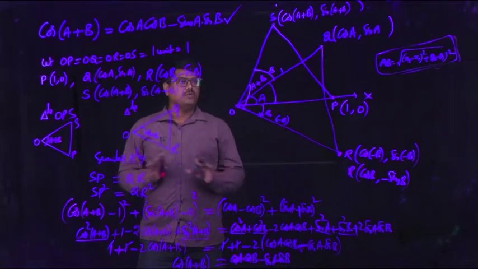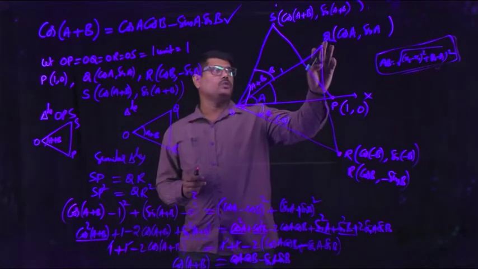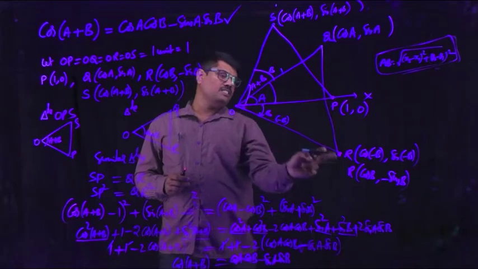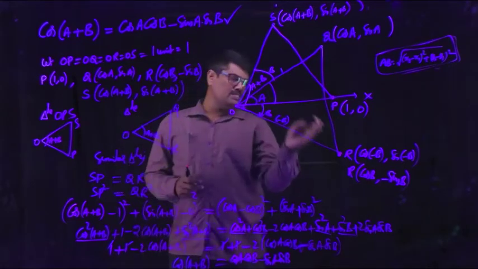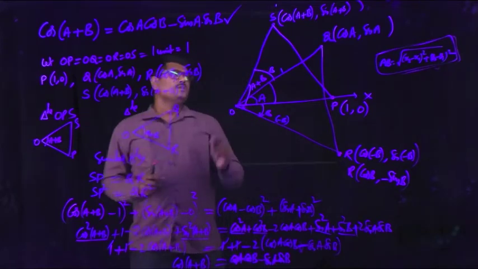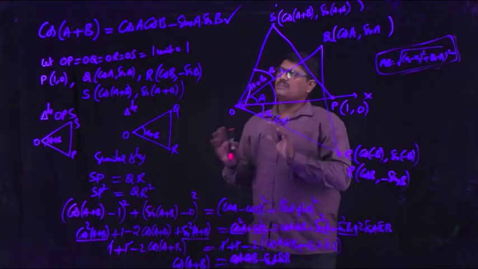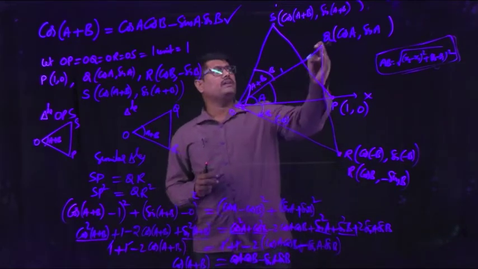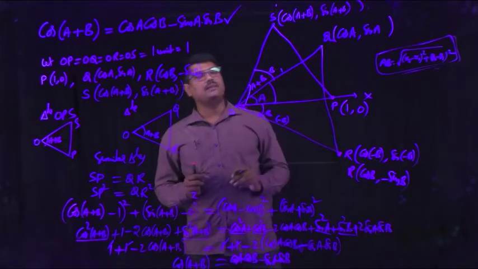So let me overall explain it again. We have to consider Q is a point which makes an angle A with x-axis, and R is a point which makes an angle B in clockwise direction. We are considering, that's why you have to take the angle as minus B. So to understand the proof of this formula, everyone should know how we can write the coordinates of a point by using angle made by its line.